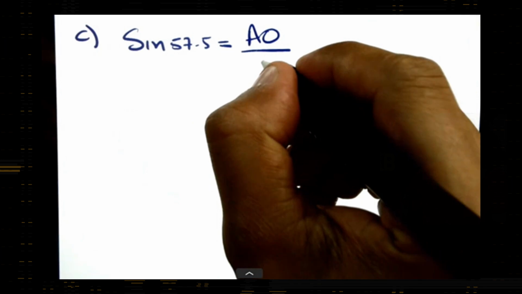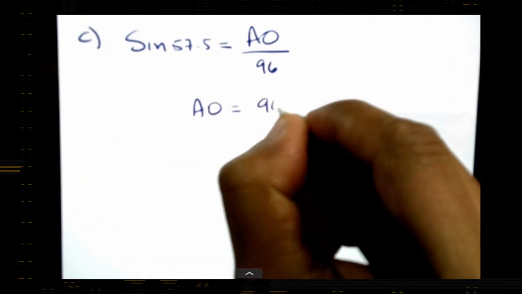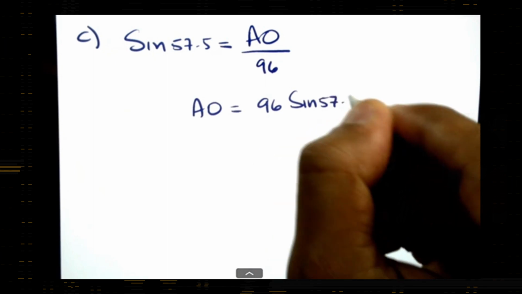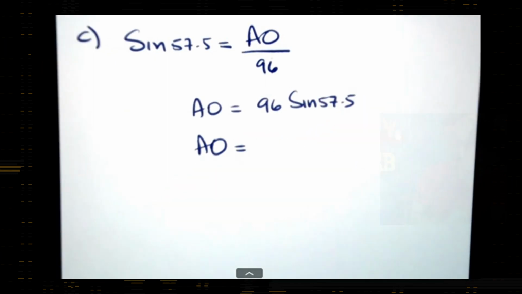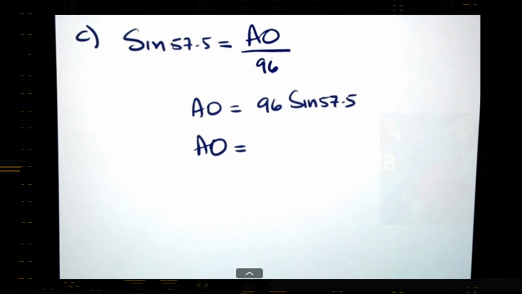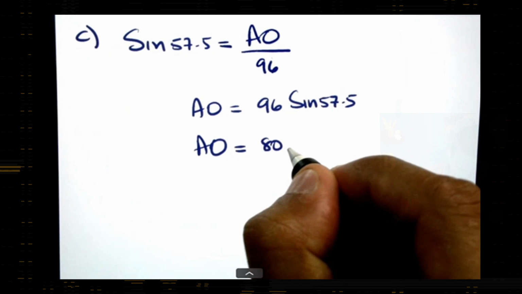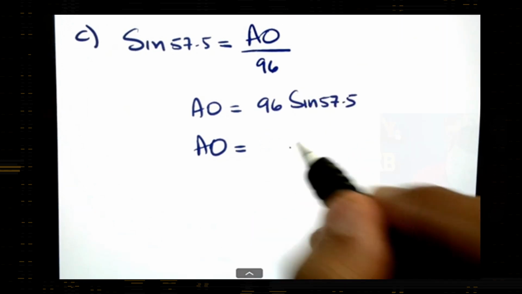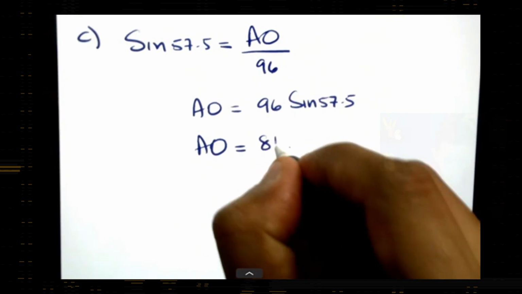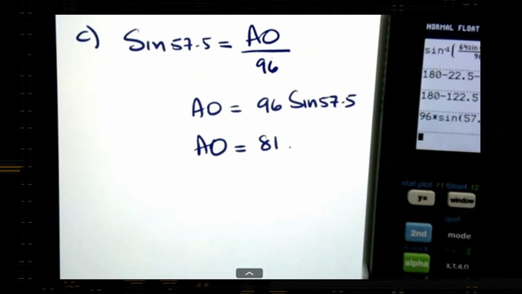And now solving for AO, 96 times sine of 57.5, that is 80 point, well, if we round to three significant figures, it's actually 81. I'm going to show you that because sometimes that is tricky for the students.